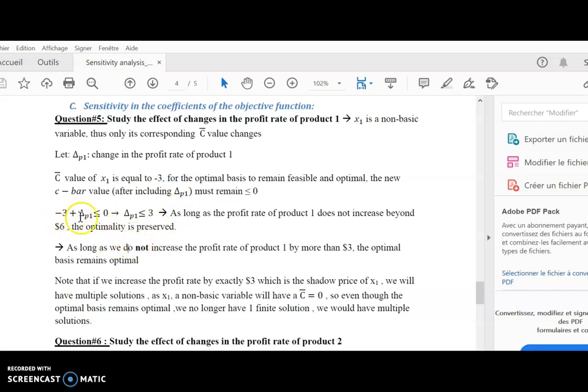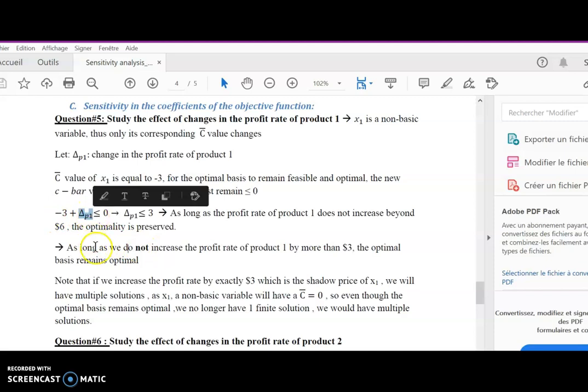So -3 plus delta P1 has to remain negative. Hence, delta P1 must remain less than or equal to 3. So as long as the profit rate of product 1 does not increase beyond 6, which is the original profit rate, plus 3, the optimality is preserved.